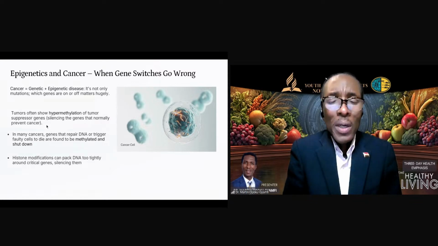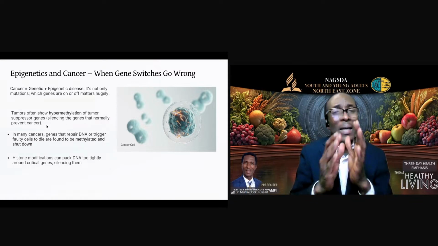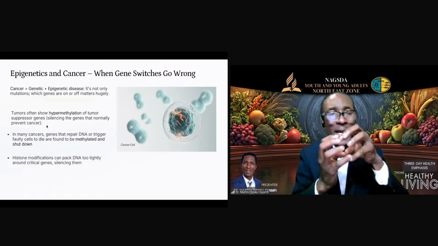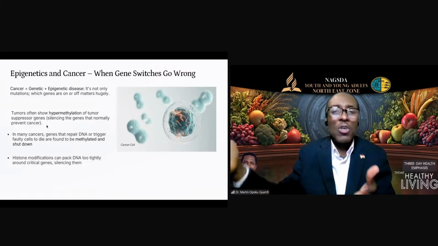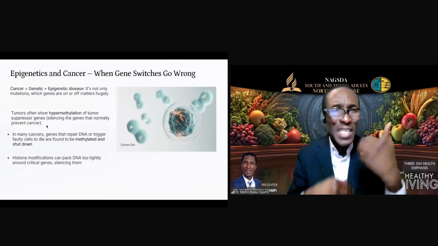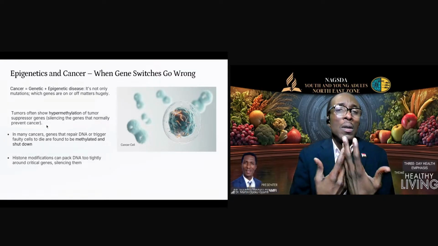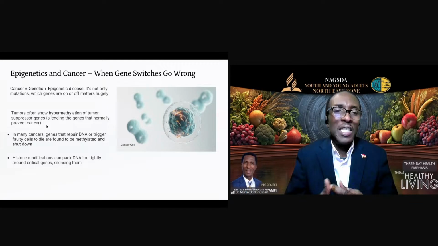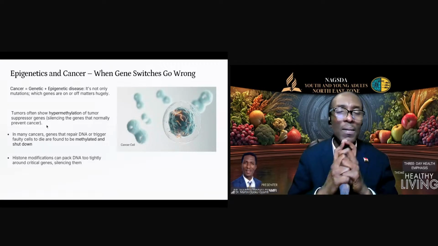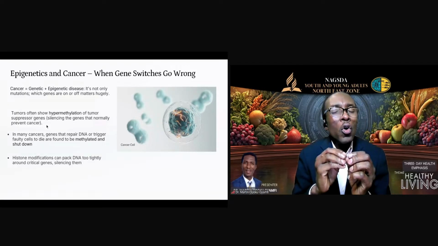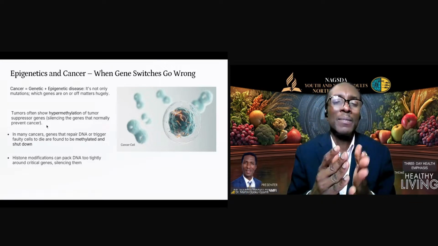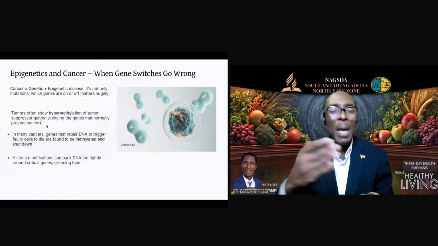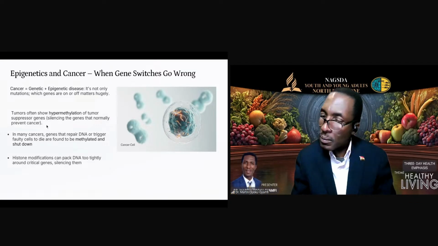That's not the only thing. Another thing too is that when the cell mutates or changes and is going to become a cancerous cell, there are other genes in our body that are called DNA repair genes. So genes that repair DNA. And then these genes also can trigger faulty cells to commit suicide. It's called apoptosis, when cells commit suicide.